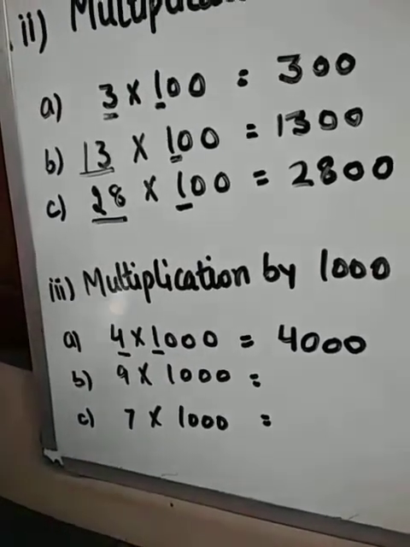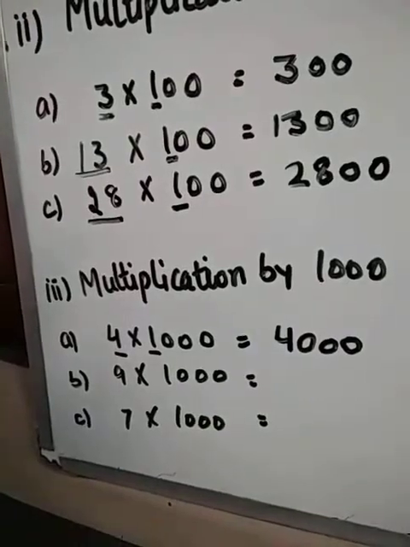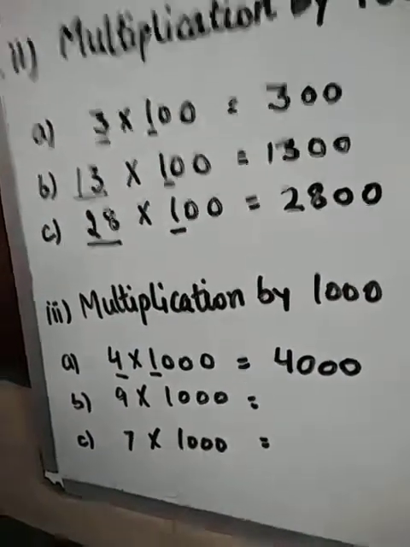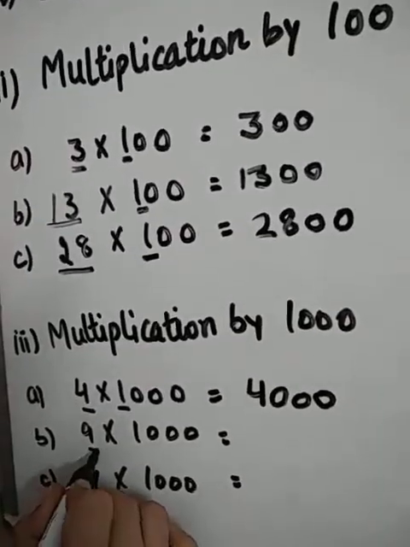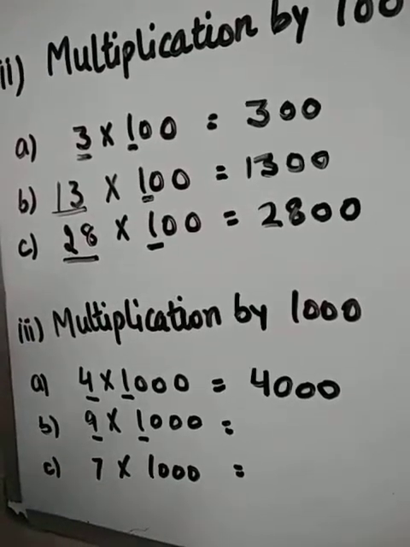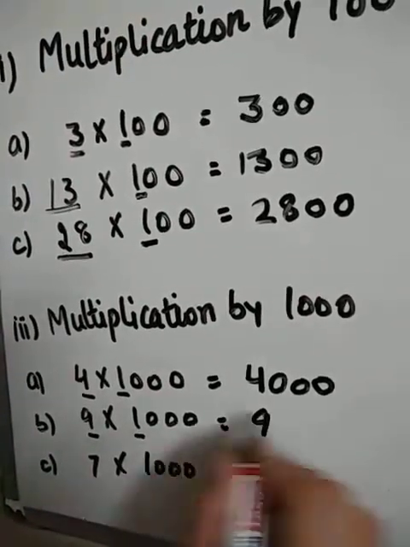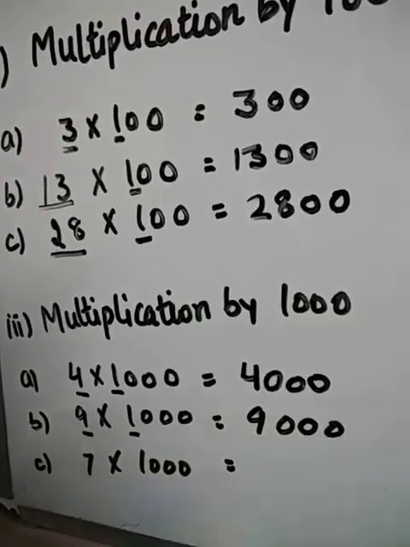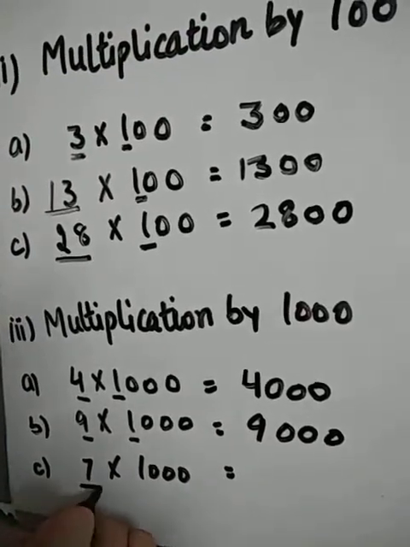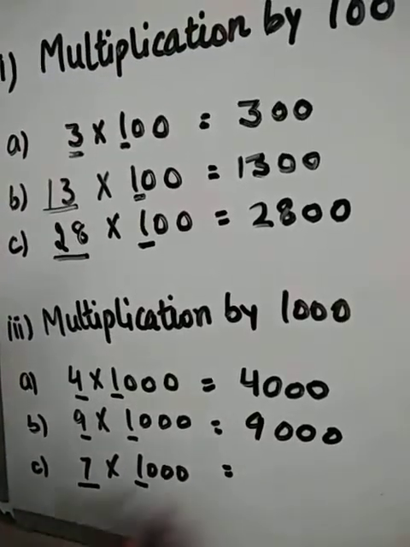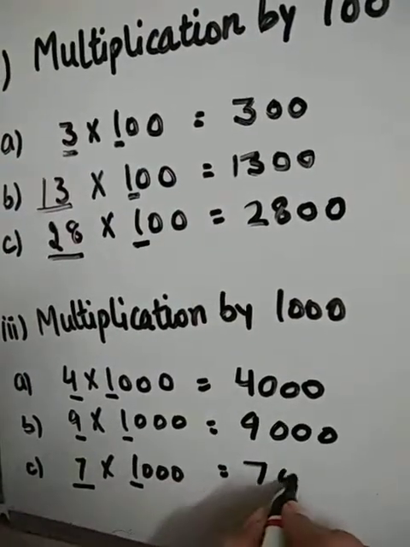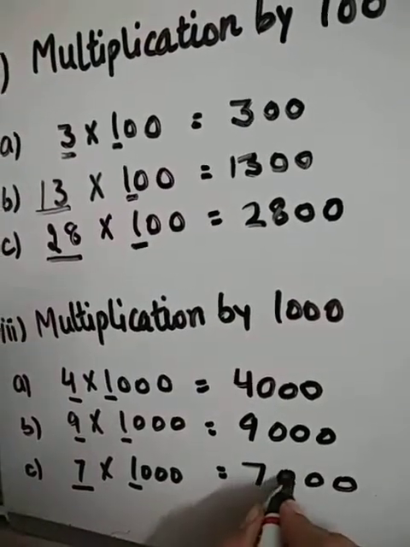Now the B part is 9 multiplied by 1000. So first again I will do this. 9 multiplied by 1. 9 ones are 9, and 1000. 9000. 7 multiplied by 1. 7 ones are 7. And 3 zeros are there, so the answer is 7000.